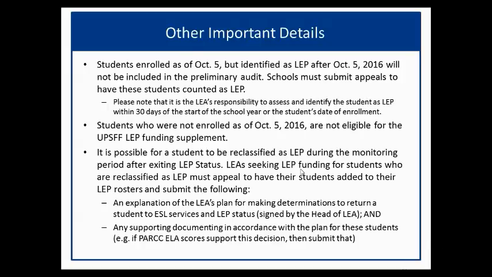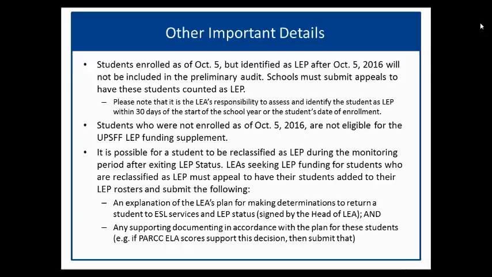So one last thing I just want to cover is that these are some edge cases we've seen over the past few years, and I want to make sure we're being clear about them. If a student was enrolled as of October 5th, but was identified as LEP after October 5th, that student would not be included in the preliminary audit.